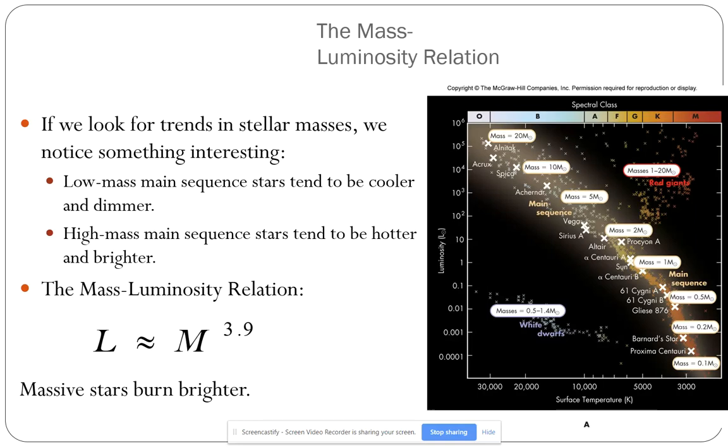So of course for our sun, M is 1 solar mass, 1 raised to the 4th power is still 1, and so L is 1 solar luminosity. So if you have a more massive star, it gives off a lot more light. In fact, if you have a star that's 2 solar masses, twice the mass of our sun, rounding that exponent off to 4, how much more light does it give off if it was twice the mass?